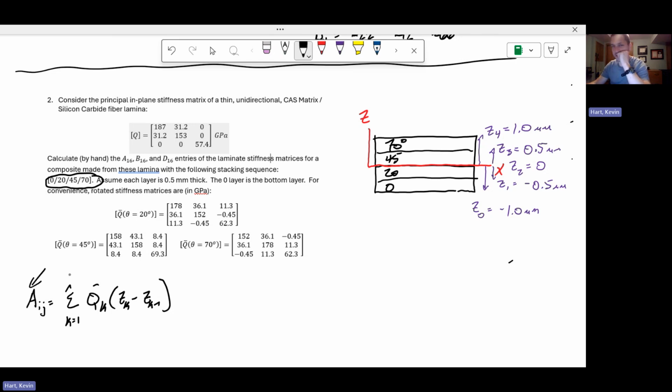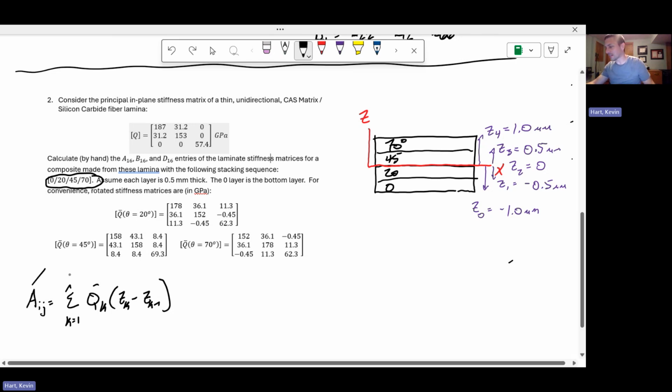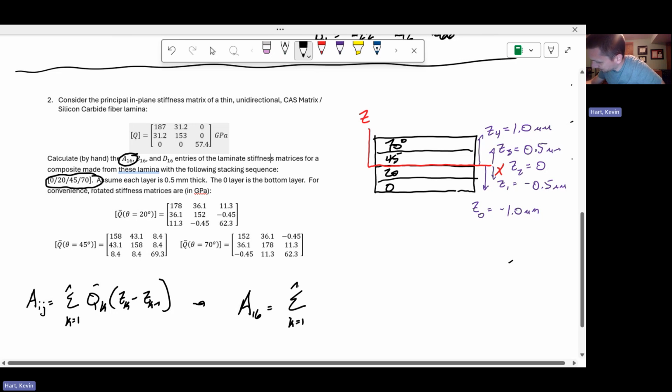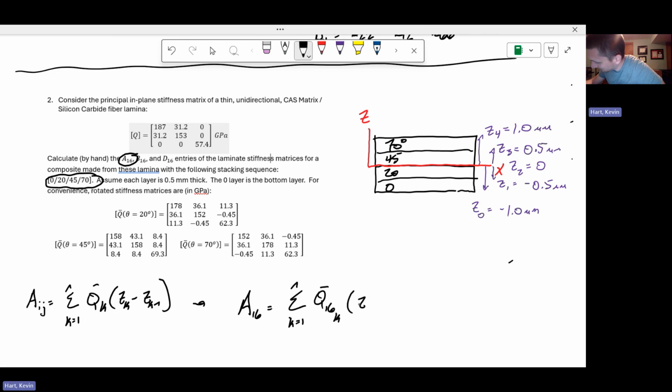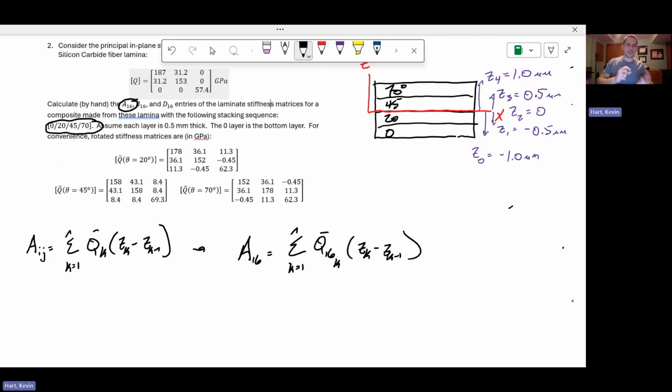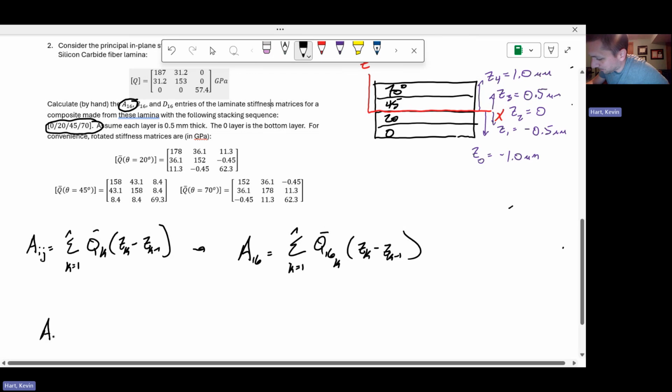Remember, the A matrix is a 3x3 matrix, and it's only asking us to do one entry, the A16. So A16 is the summation from k equals 1 to N of Q bar 16 of layer k multiplied by (zk minus zk-1). We just have to add up the stiffness contributions of each of the individual layers. So let's do that.